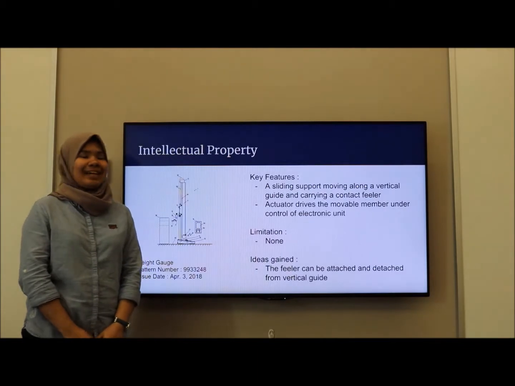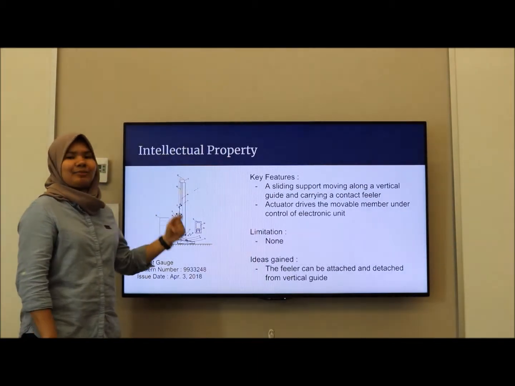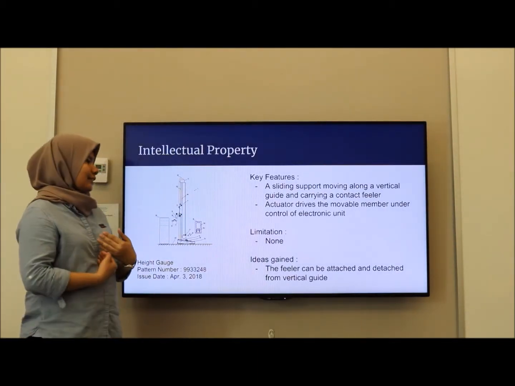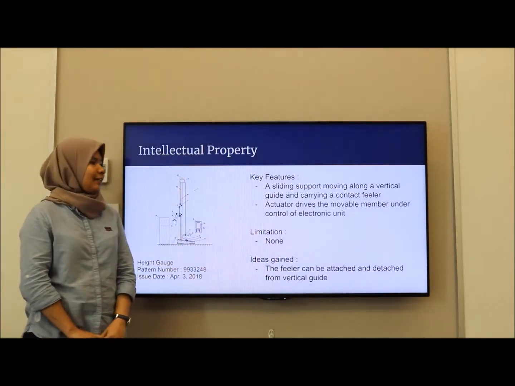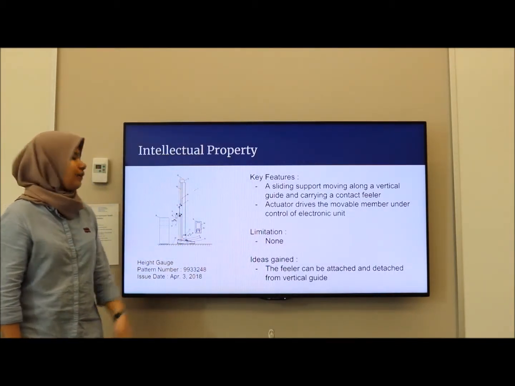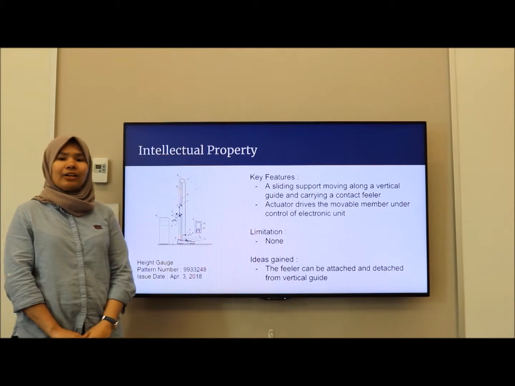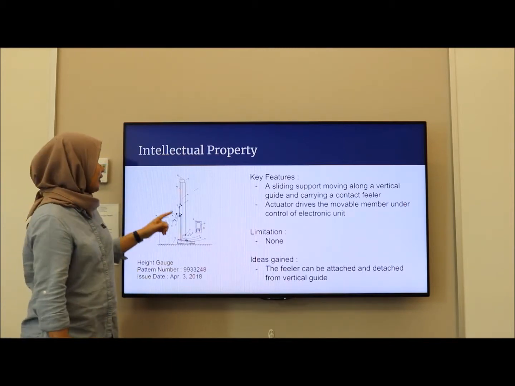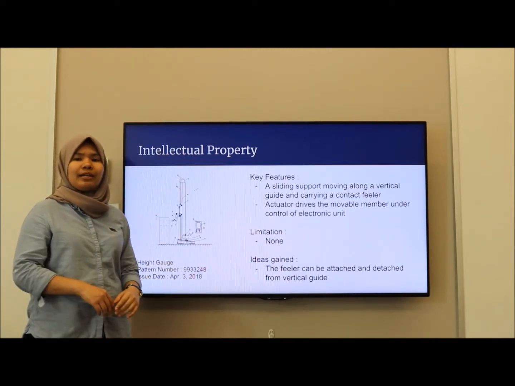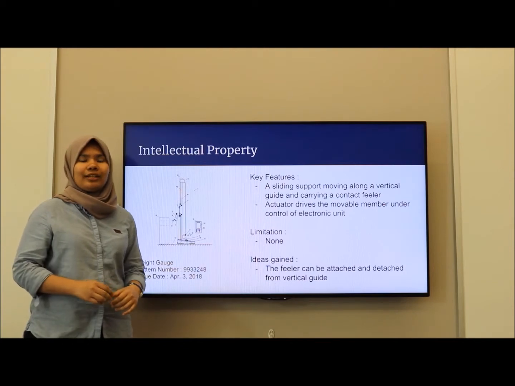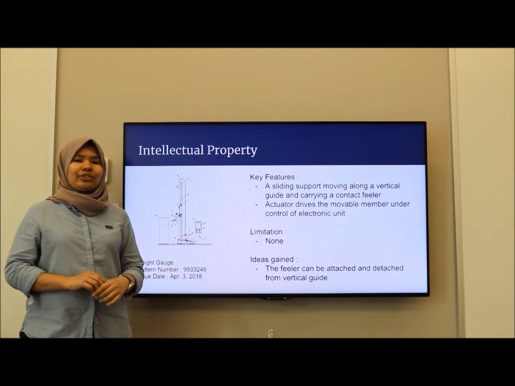Okay. Next is the head touch. This patent possesses a great similarity to our design. The key features of this patent are a sliding support moving along a vertical guide and carrying a contact pillar. It also used an actuator to drive the movable member, controlled by an electronic unit.